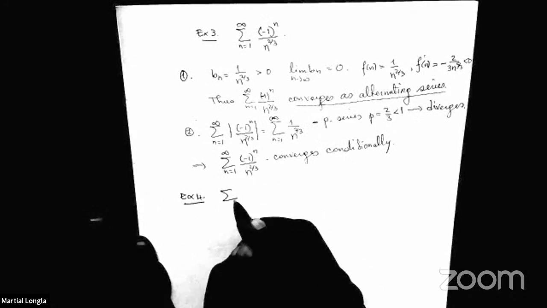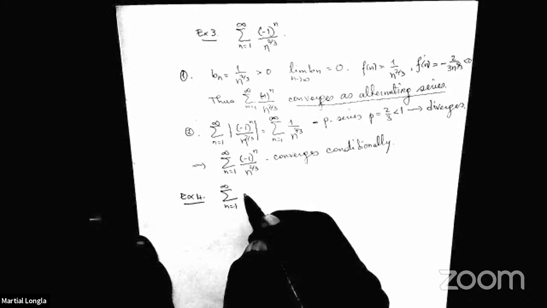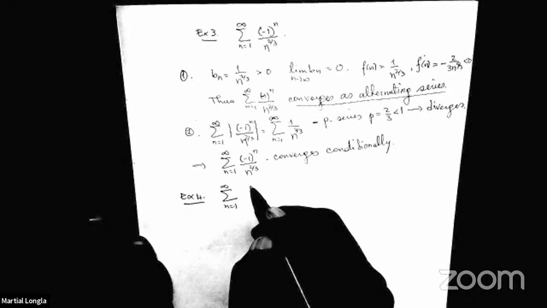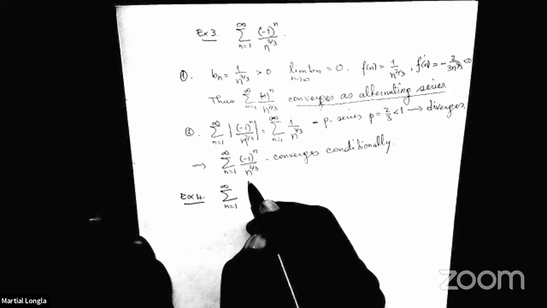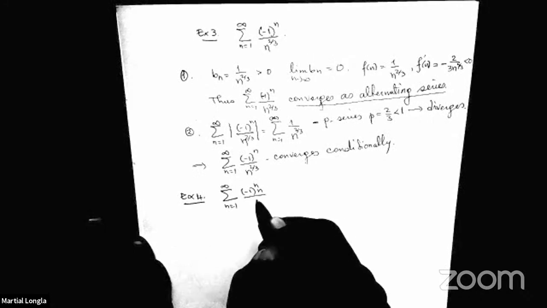Let's say we get sum n from 1 to infinity, -1 to the n times n over n plus 1. How would you decide this one?